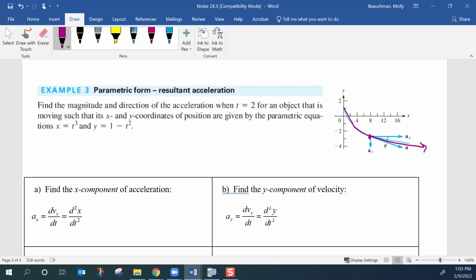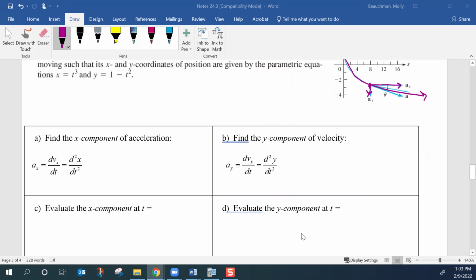So we're going to find our horizontal and vertical vectors, and then we're going to find the resultant vector, which is the diagonal of the rectangle, and then we're going to find the reference angle. All right, so here we go.